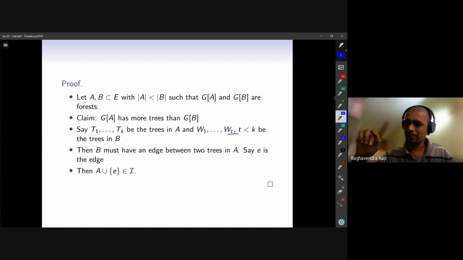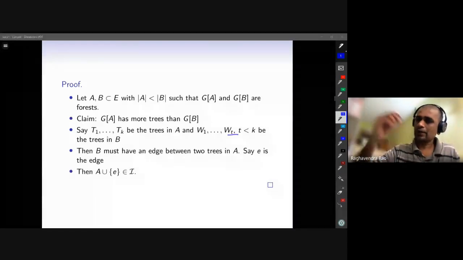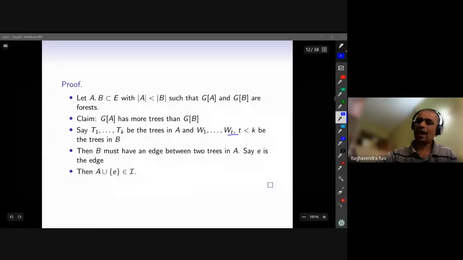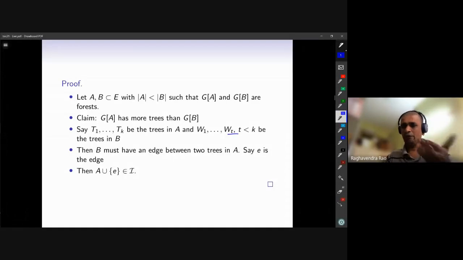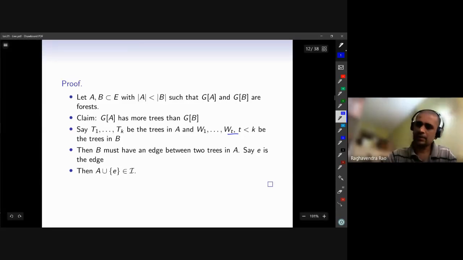So, you can just imagine, you're just adding edges of B. What are the choices that you have? If you don't want to violate, the worst possibility is you're adding edges within the vertices in some Ti. Let me draw it here. Say this is T1, T2, etc. TK.